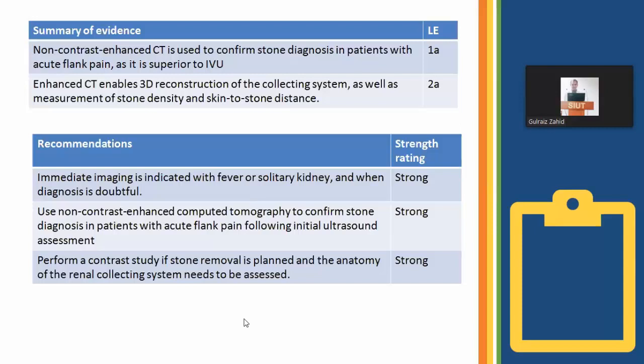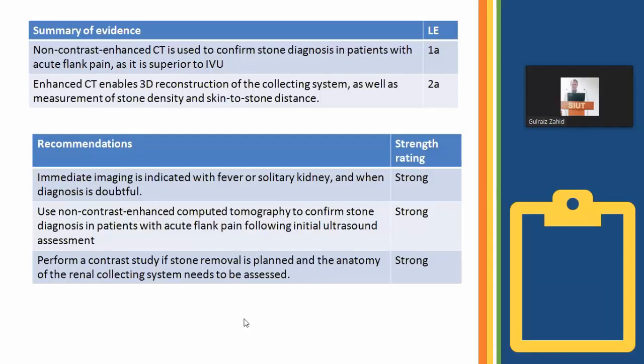Summary of evidence. Non-contrast enhanced CT is used to confirm stone diagnosis in patients with acute flank pain, as it is superior to IVU. Enhanced CT enables 3D reconstruction of the collecting systems as well as measurement of stone density and skin to stone distance. Following are the recommendations.